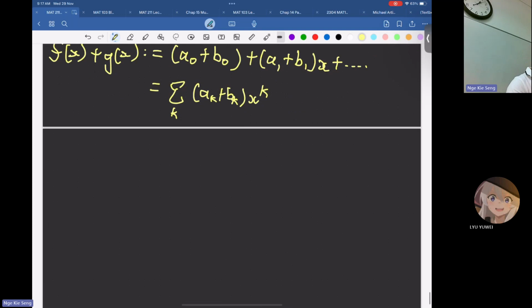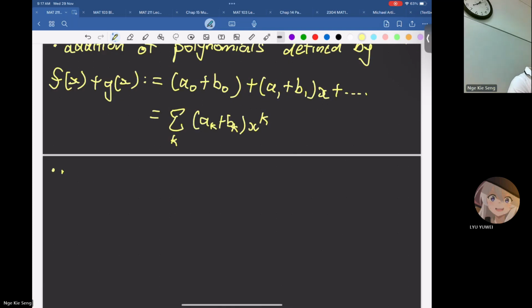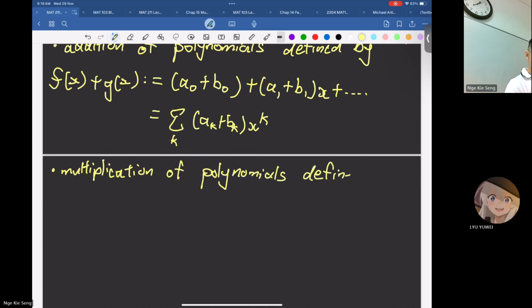How about multiplication? How do I multiply polynomials together? f(x) times g(x). How do you multiply two polynomials together? Just distribute it.